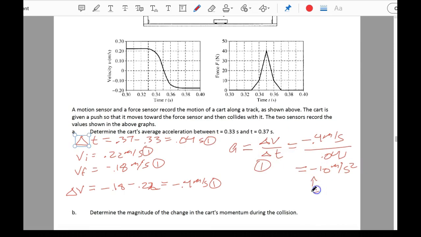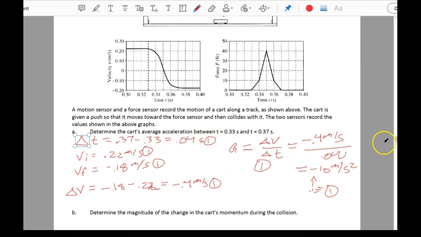And the negative sign is important because it shows it's decelerating. So I thought that was pretty interesting. Lots of points here, actually 6 points for that very first part. So 1, 2, 3, 4, 5, 6.